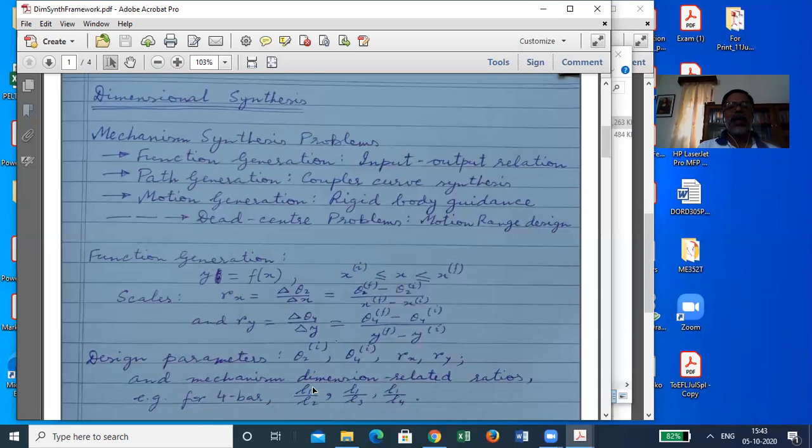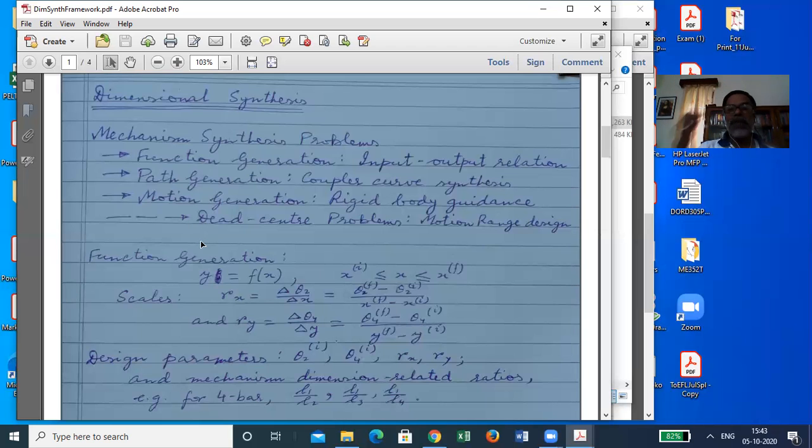So L1 by L2, L1 by L3, L1 by L4. You could have put any one of them common, any three proper independent ratios you could have taken. So there are 7 design parameters. If you have designed these 7 things, found out first class values for these 7 quantities, then you have done a great job in synthesis of a 4-bar mechanism for function generation.